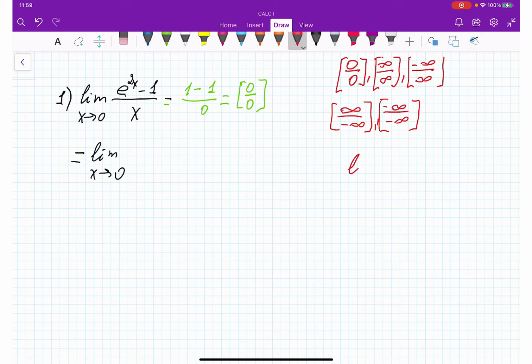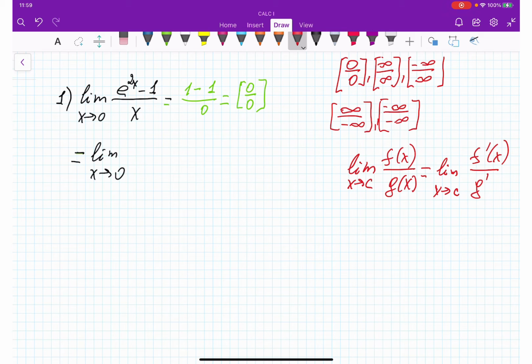Once we have the limit as x approaches c of f of x over g of x, L'Hopital's rule allows us to take the limit as x approaches c, but we take the derivative: f prime of x over g prime of x.